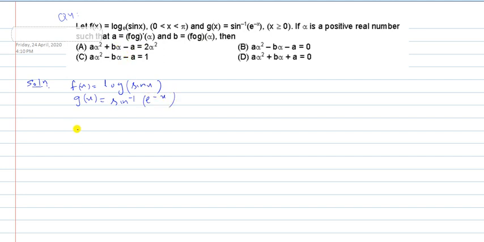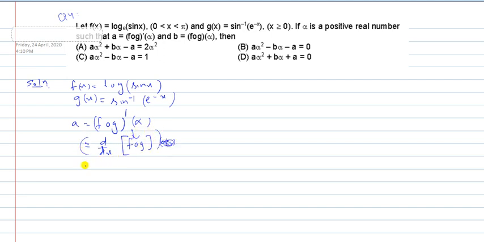Now a equals f of g dash alpha. Let me explain what this is. This dash is nothing but the concept of derivative. This is the derivative of f of g of alpha.